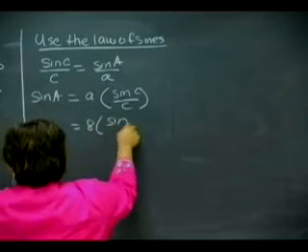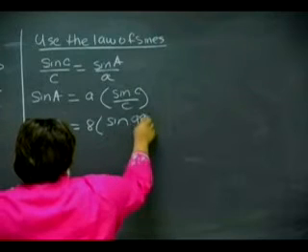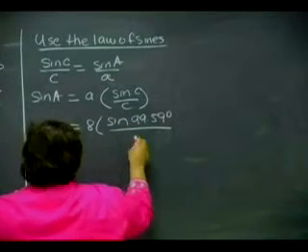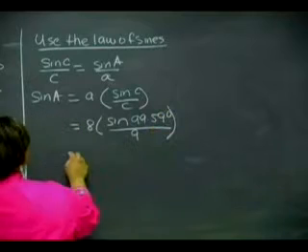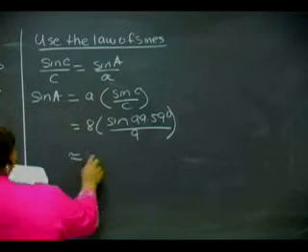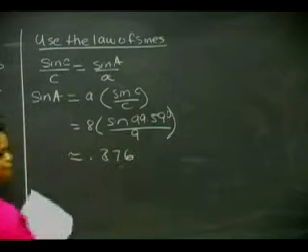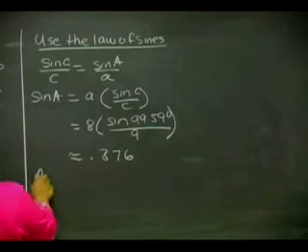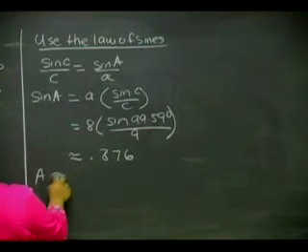We have sine of 99.59 degrees all over little c, which is 9. So sine A is approximately 0.876, which means A, if I put in what?